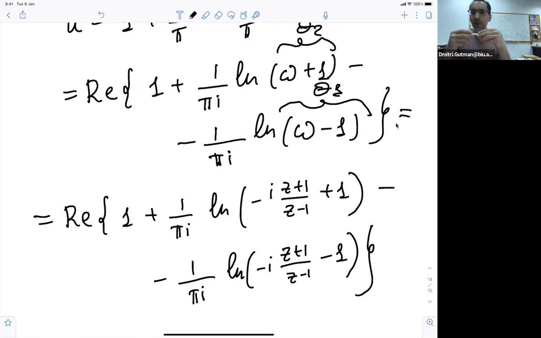So I solved the differential equation with the given boundary conditions, but remember, I actually never solved the differential equation in the usual way.